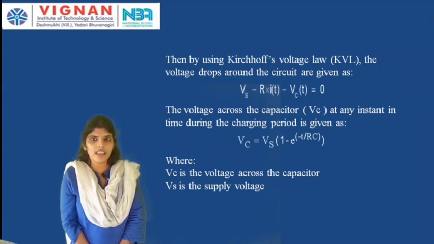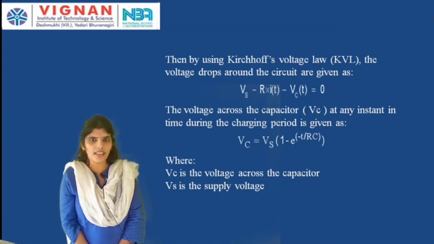By solving the above equation, we get the voltage across the capacitor: Vc equals Vs into (1 minus e to the power of minus t by RC). RC can also be denoted as tau. Normally a capacitor takes 5 time constants to reach the final steady state voltage.